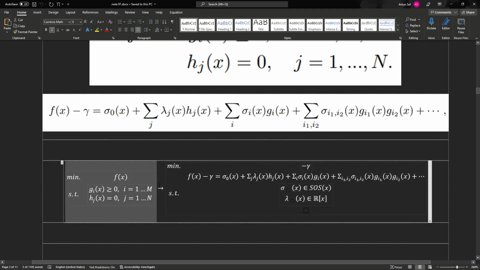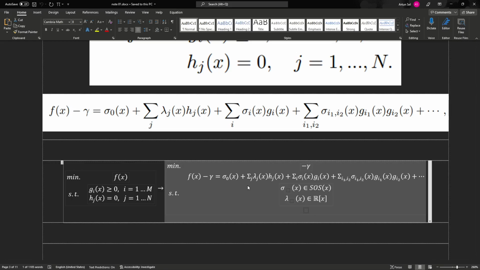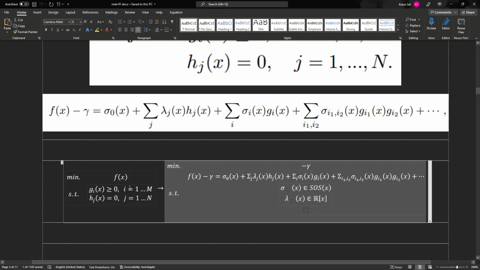Of course you can change the problem into that form, okay? But I'm not saying it is easy to solve this problem, right? However, you have some tractable means of solving this problem now, right?